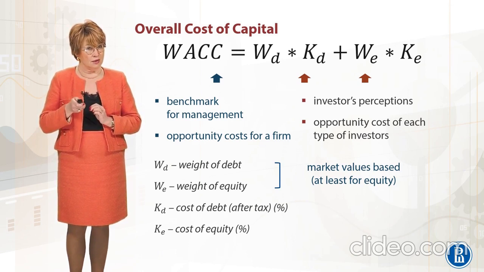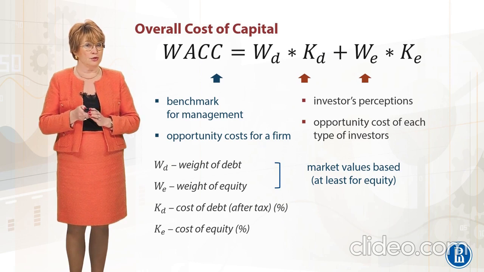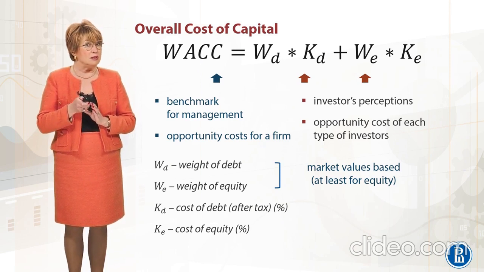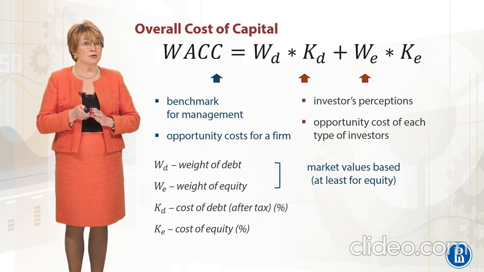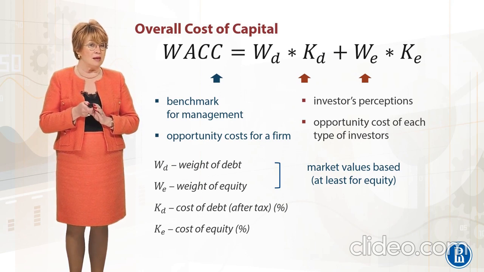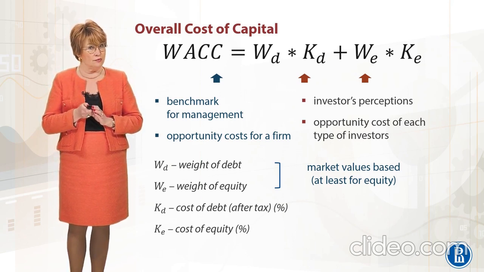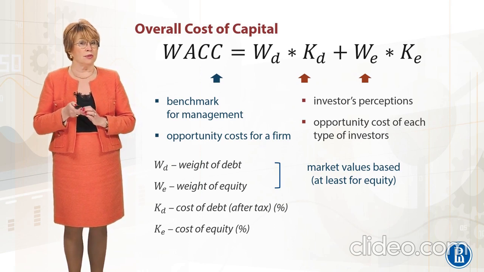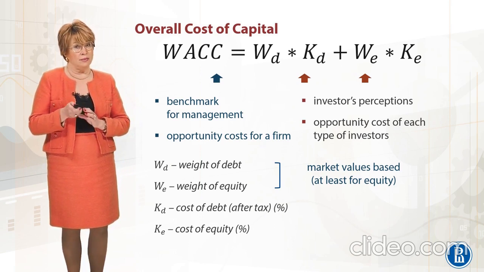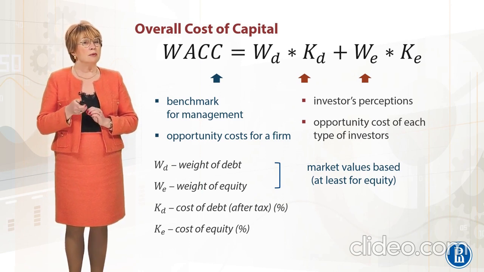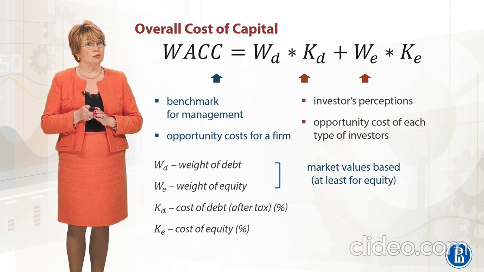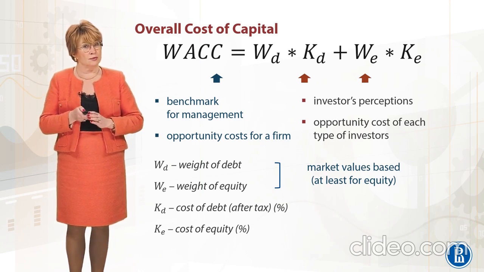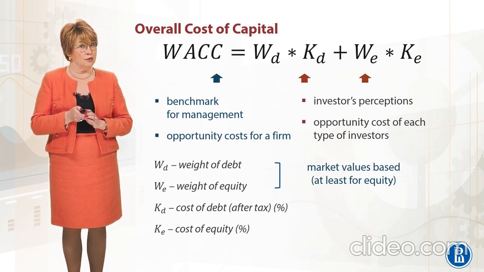What else can we see on the right side of that equation? We see WD, which stands for the weight of the debt capital in the capital structure of the company. And WE stands, of course, for the weight of the equity capital in the capital structure of the company. Remember, in the previous topics, we already discussed the determinants of the capital structure of the company.